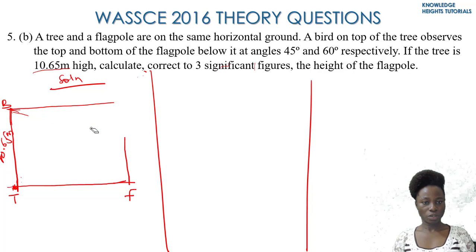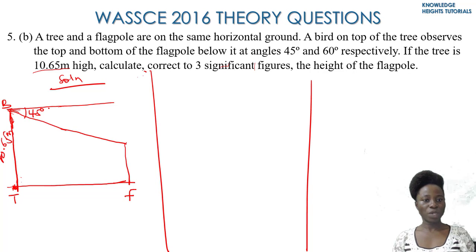Let's make this one clearer. So this is the top of the flagpole, and the bird is observing it at an angle of 45 degrees. So this is the eye level, and it's looking on top of the flagpole at 45 degrees.